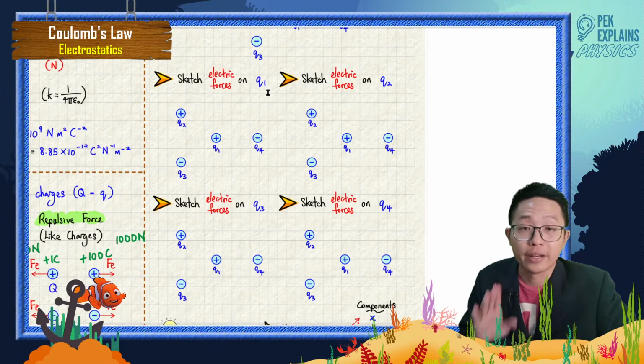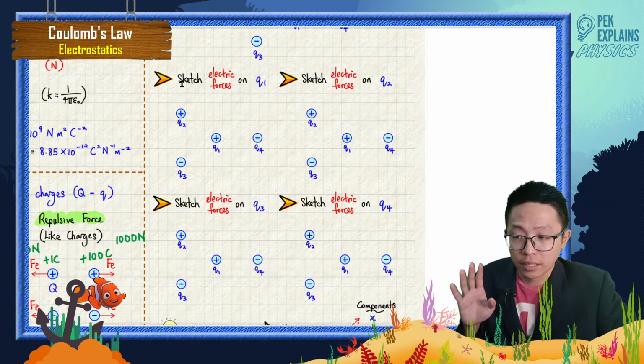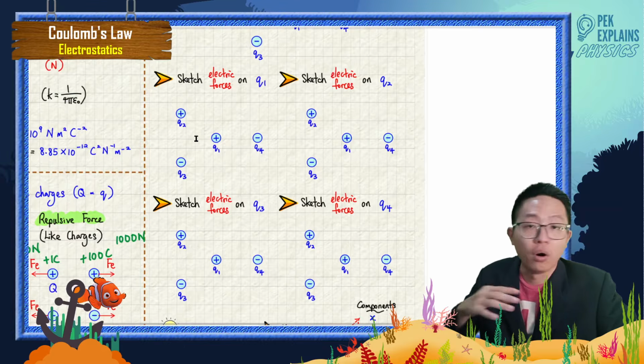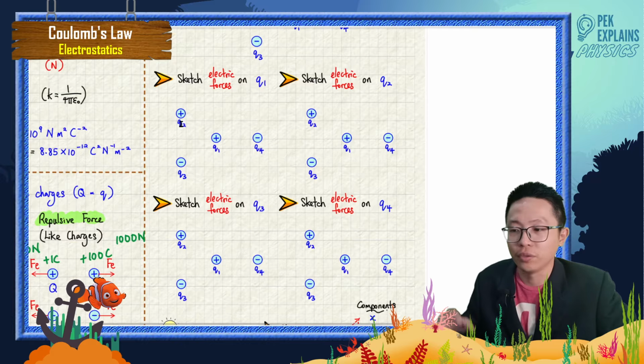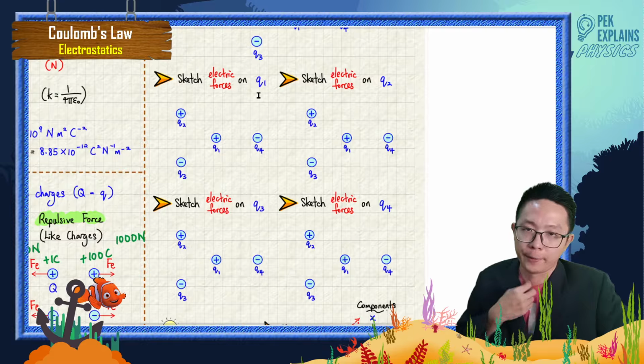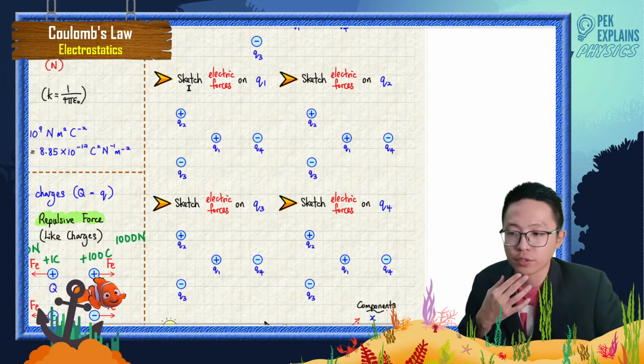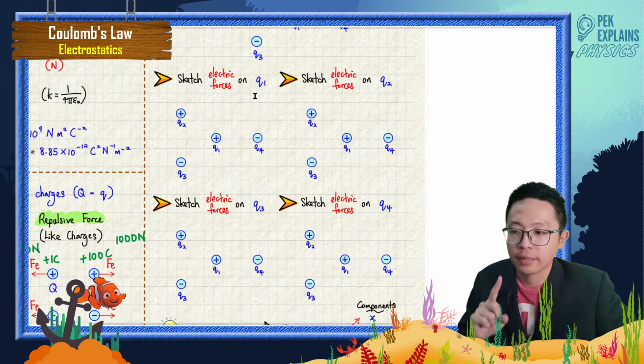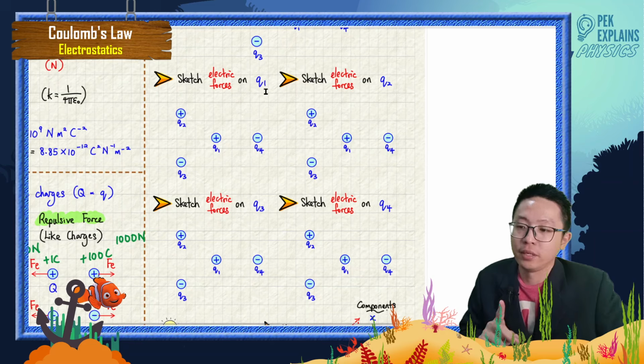So remember, look at the questions. Don't draw force on all charges. Only draw the force on the charge it specifies. Like the first question, it only specifies force on Q1, so you only draw the force on Q1.